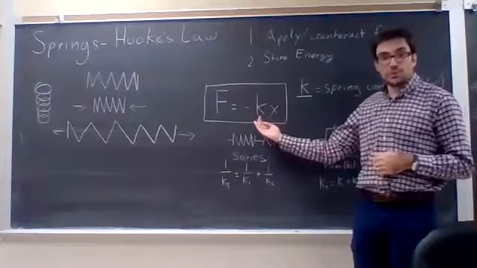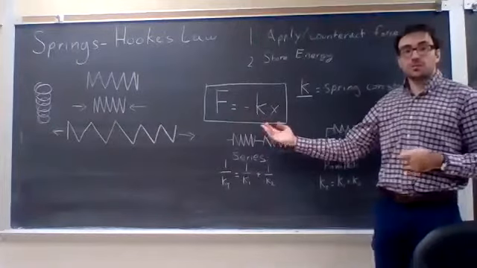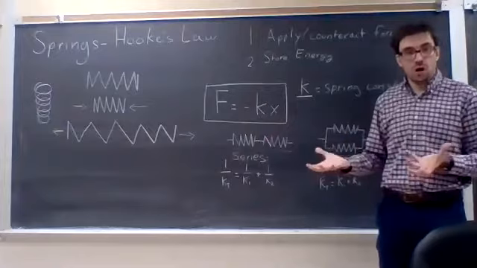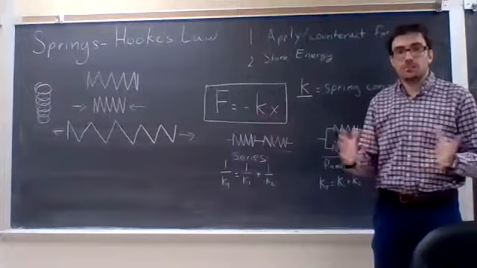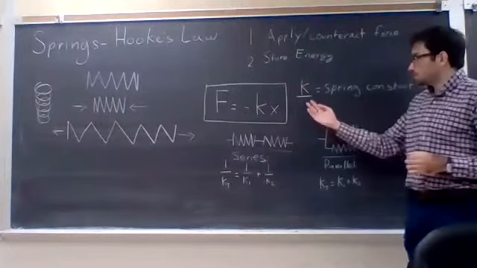Now, k is the spring constant. That basically tells you how strong the spring is and how hard it is to compress it or extend it.